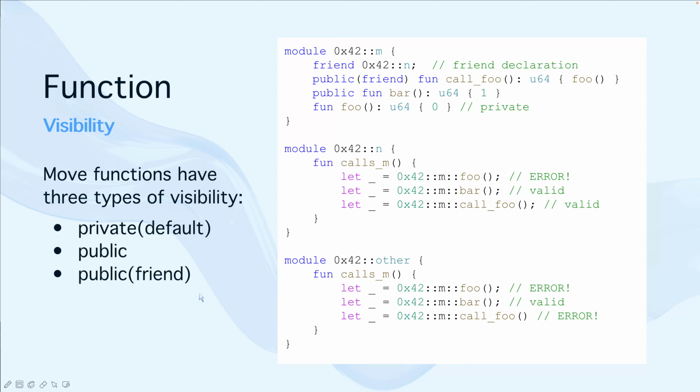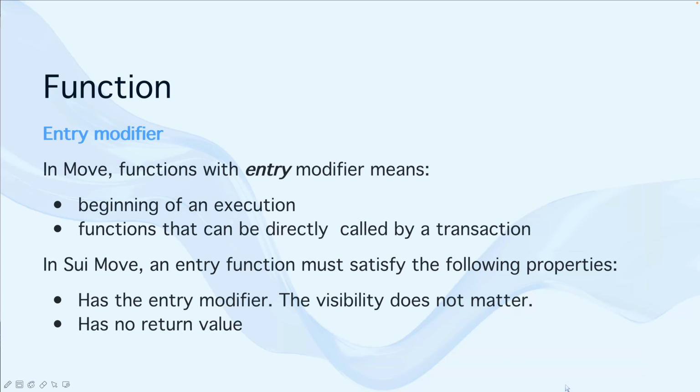We have one extra modifier, entry. A Move function with the entry modifier means it's the beginning of an execution, and it can be directly called by a transaction.